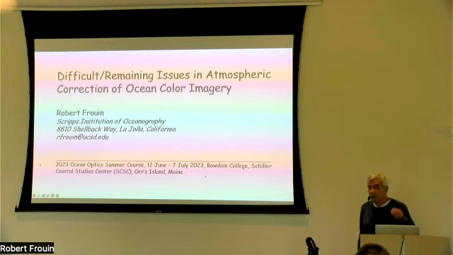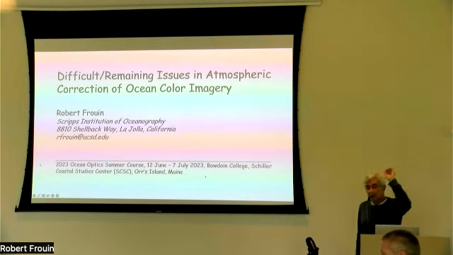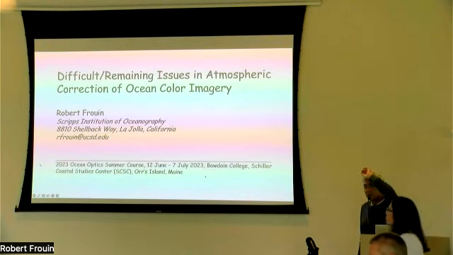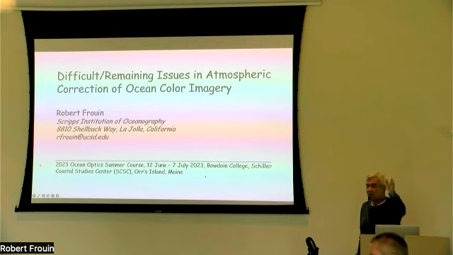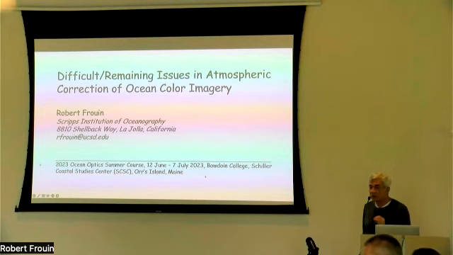And second, because the problem is fundamentally ill-conditioned. You may have different atmospheric states and ocean states in combinations that will give you the same top-of-atmosphere signal. So this is very ill-conditioned.